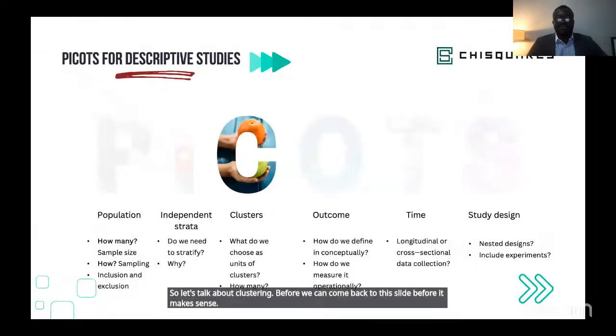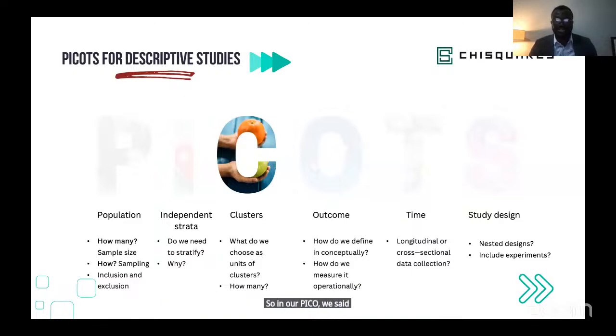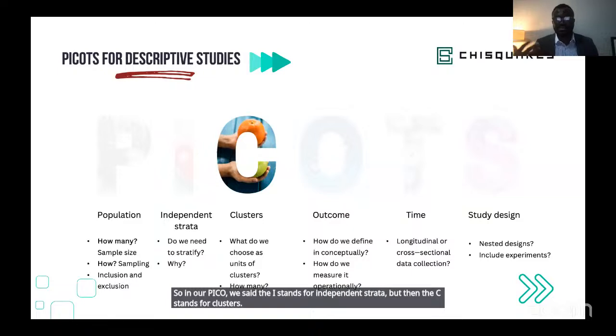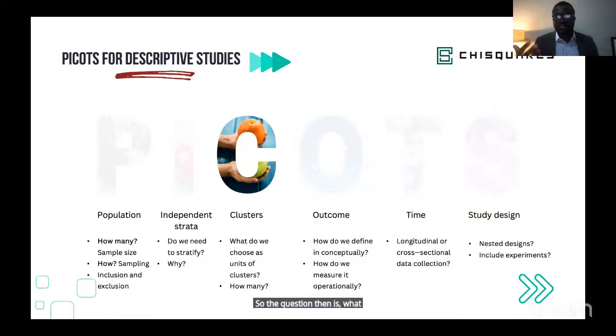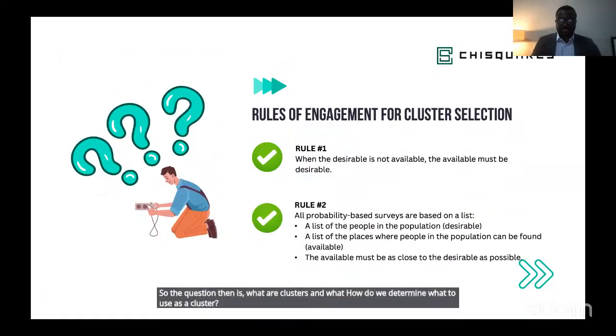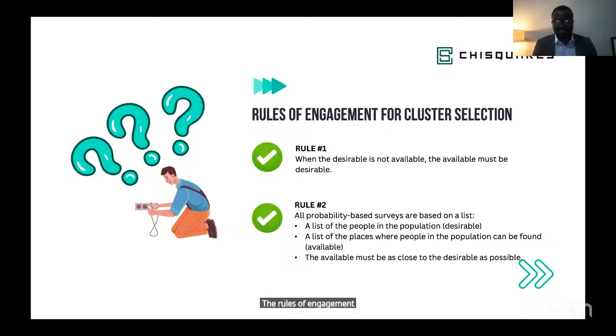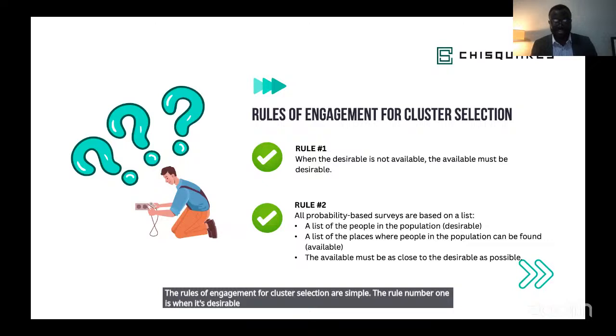So in our PICO, we said the I stands for independent strata, but then the C stands for clusters. So the question then is, what are clusters and how do we determine what to use as a cluster? The rules of engagement for cluster selection are simple. Rule number one is: when the desirable is not available, the available must be desirable, right?